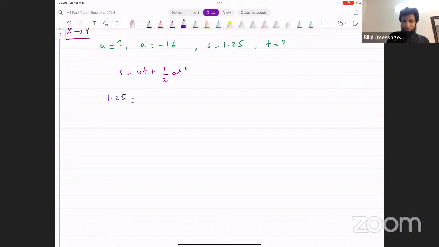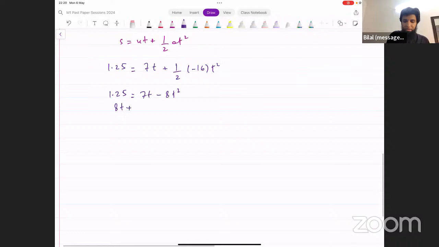1.25 equals 7 into t plus half into minus 16 into t squared. What do we get from this? 1.25 equals 7t minus 8t squared. So 8t squared minus 7t plus 1.25 equals 0.